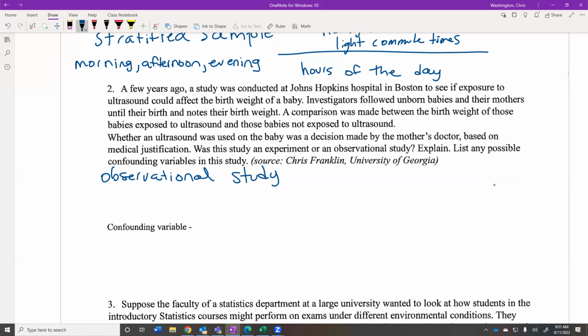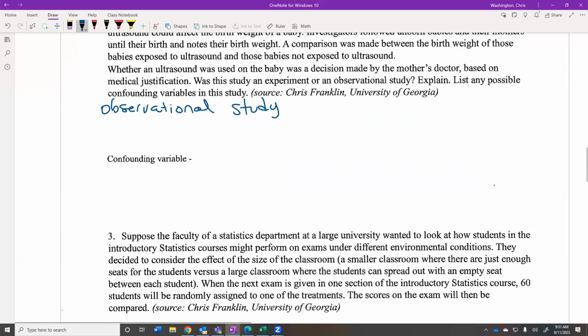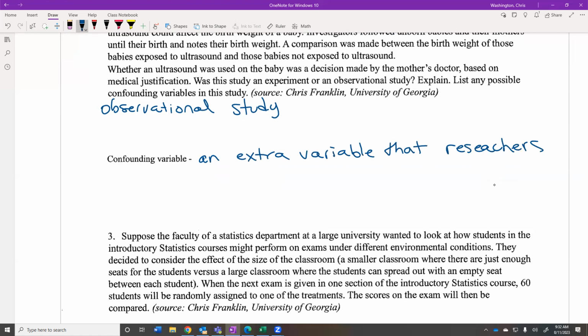All right, and this other word that we need to be aware of is confounding variables. What is a confounding variable? A confounding variable is an extraneous variable, or an extra variable that researchers did not take account for.